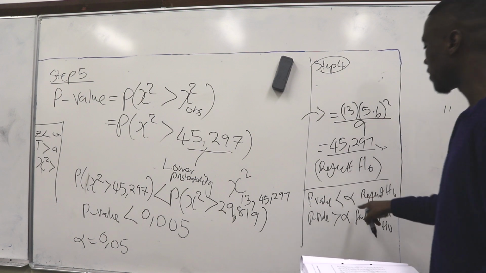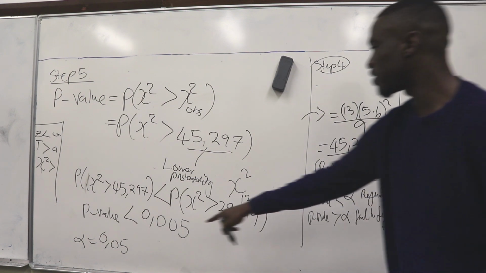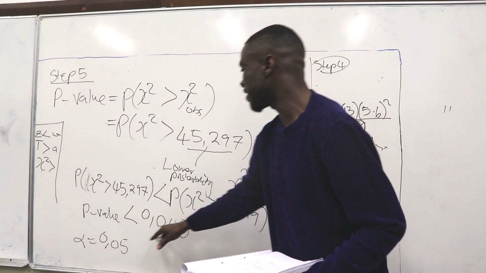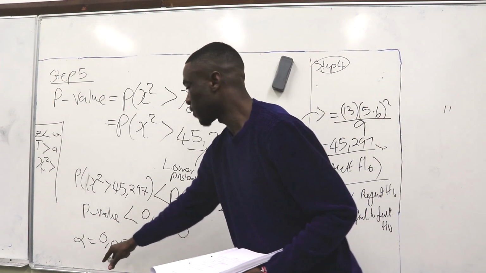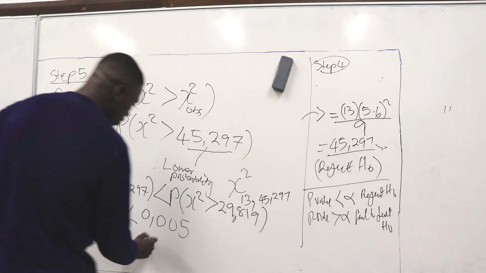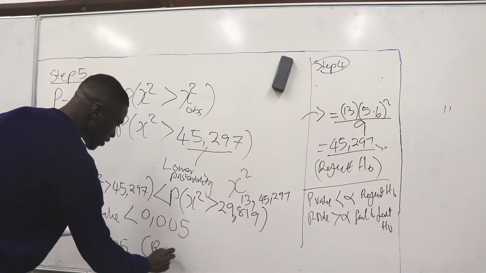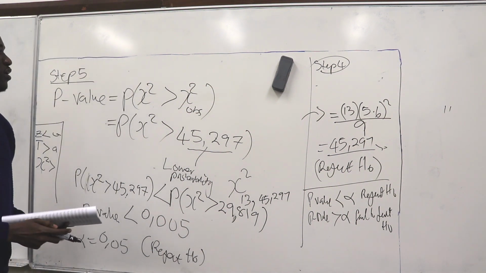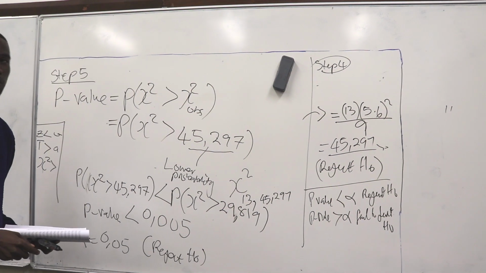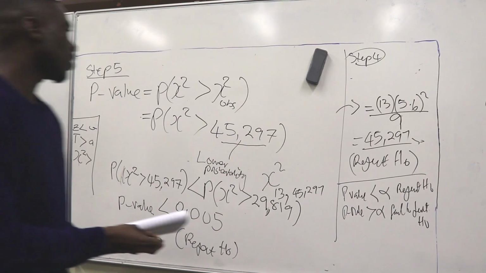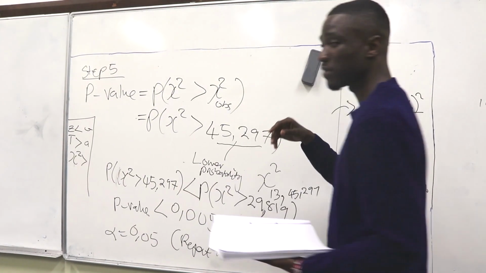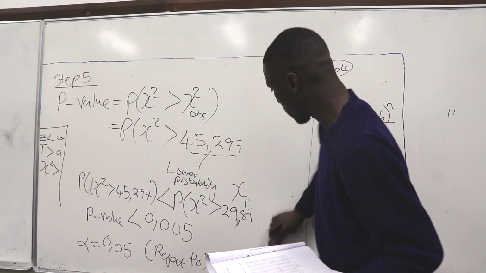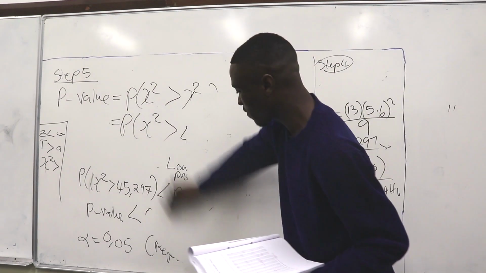So just by looking at the first statement, we can see that p-value itself is actually smaller than alpha, right? So we can just put a little conclusion here that we still reject h naught. So going to the last step, which is the conclusion, we are just collecting all the information that we already compiled from the rejection region and this part. So we're going to do the last step together, which is often the fun step.